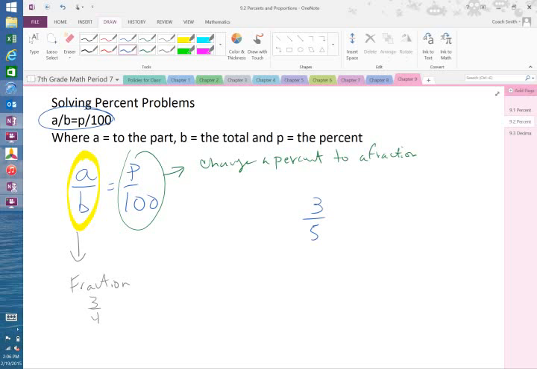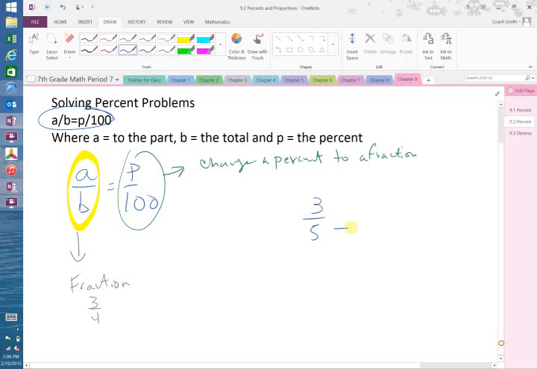Tayshawn. Right, we make equivalent fractions.